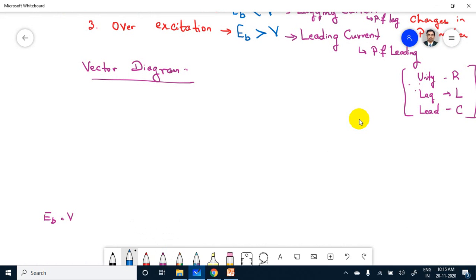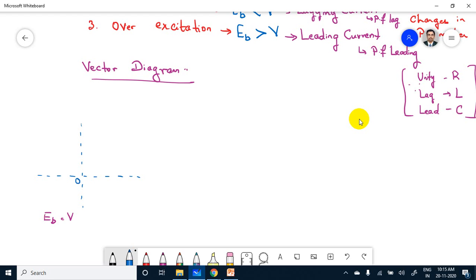Now how to draw this diagram? I am drawing the X and Y axis. This is X, this one is Y. Now I am plotting 0.